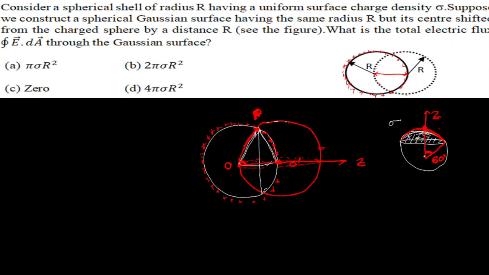So if we want to calculate the area of this spherical cap portion, how can we calculate it? This is an elementary area on the sphere, and if we integrate over the whole limit, 0 to pi and then 0 to 2 pi, that will give us the total area of the sphere. But in this case phi will vary from 0 to 2 pi, and if we take the variation of theta from 0 to 60, that will give us only the area of the spherical cap part.